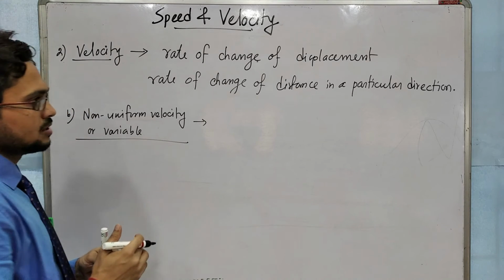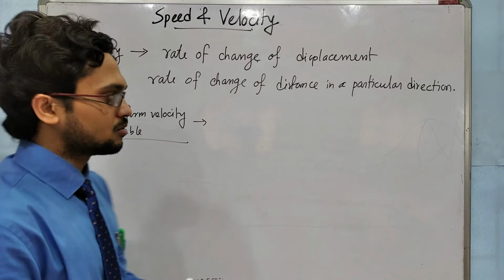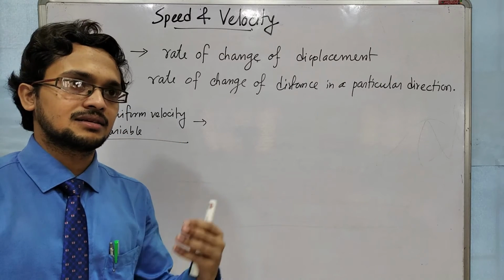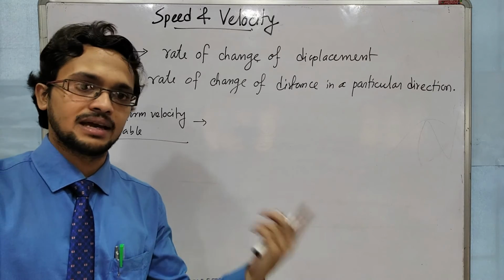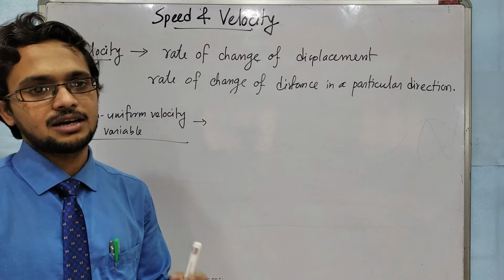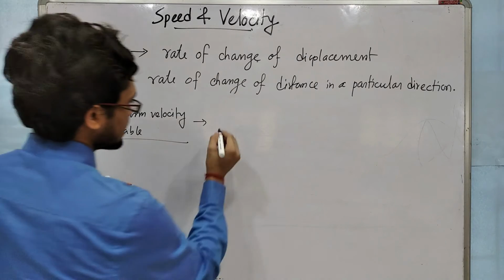So if in equal time the displacement is unequal. Unequal means three cases: first one, if magnitude changes; second one, if direction changes; and third one, if both magnitude and direction change. So there are three cases.